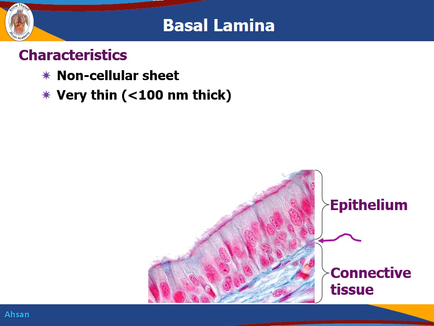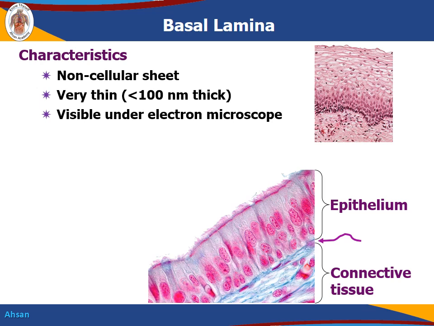The electron microscope can reveal the structure of this basal lamella. In a normal laboratory microscope we can see a line like this, which is the junction between the connective tissue and the basal cells of the epithelium.